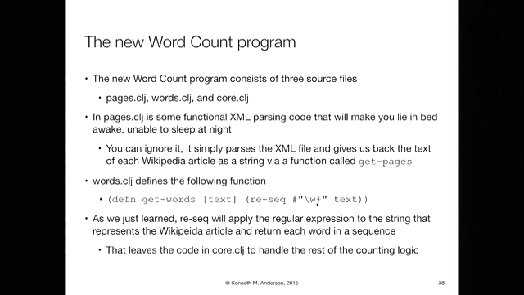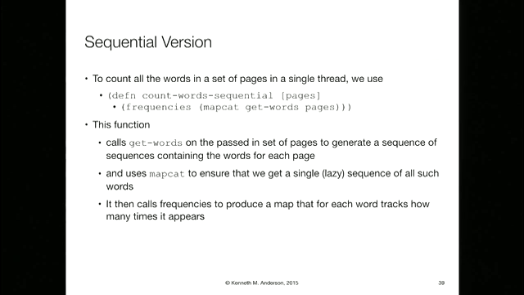Okay, and this \w, I think, stands for word character. So this is saying one or more word characters. So it'll go for words. As soon as it sees white space, it stops, and we'll skip past the white space and then get the next word. So that means the rest of the code that we have to understand is in the core.clj file.